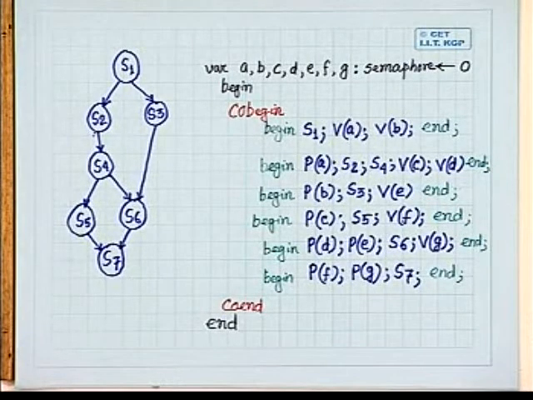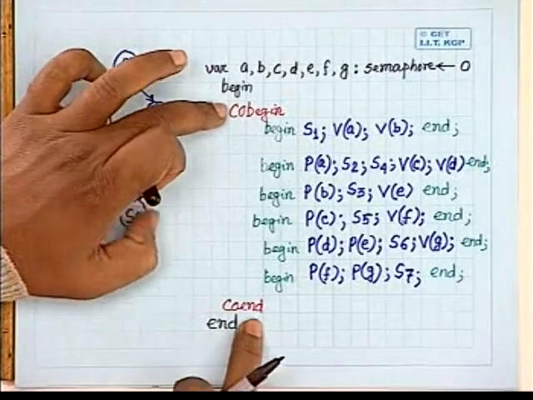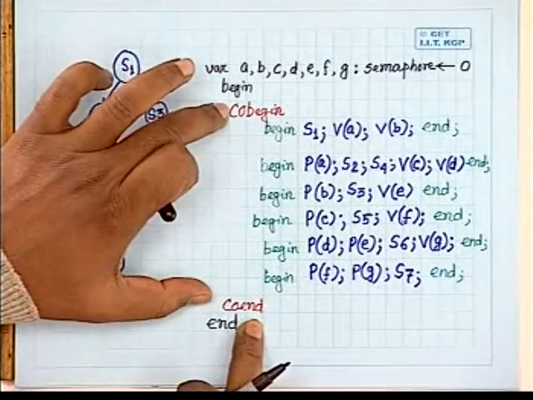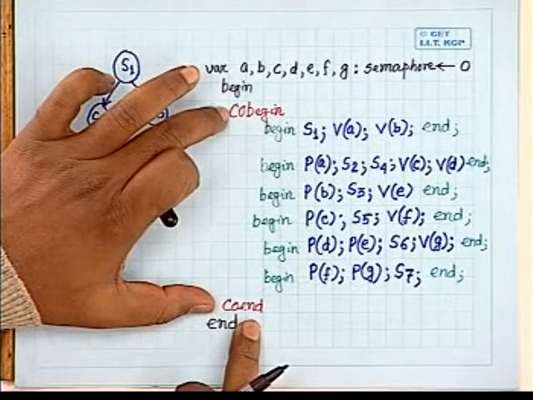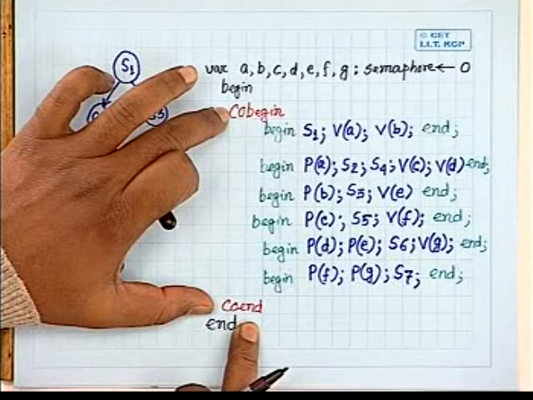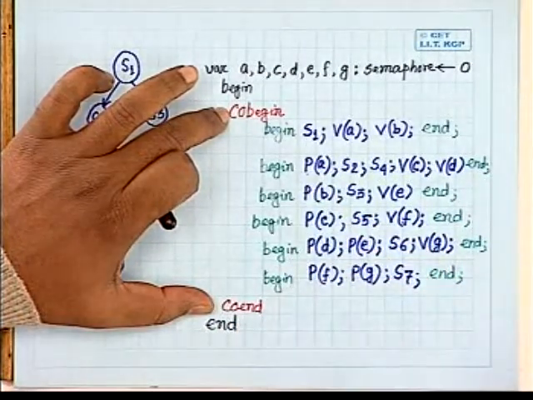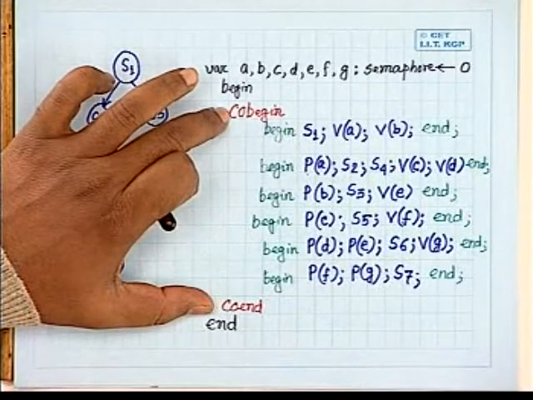So with this begin end, you start the parent process. Then the parent process says that it is co-begin co-end. When it says co-begin co-end, it knows that a number of child processes are to be created. How many child processes to be created? 1, 2, 3, 4, 5, and 6. So it will create 6 child processes.